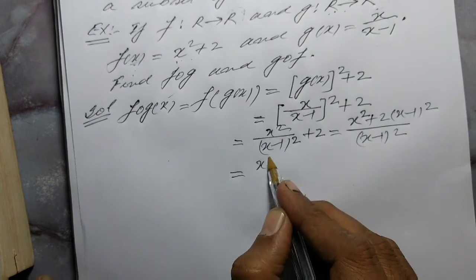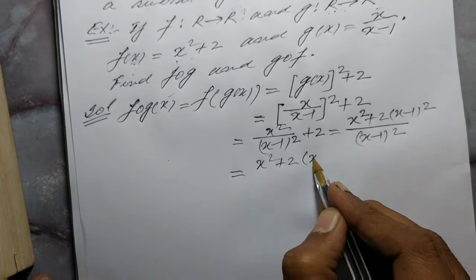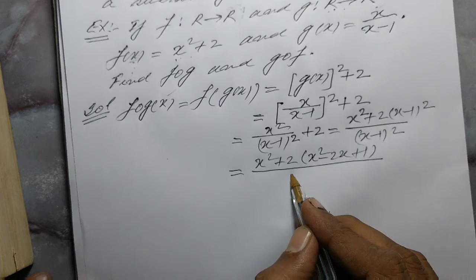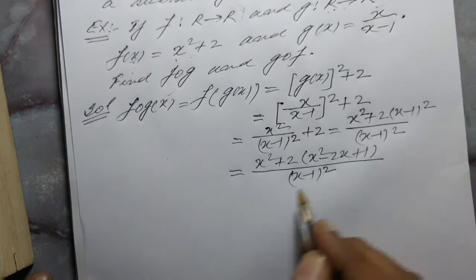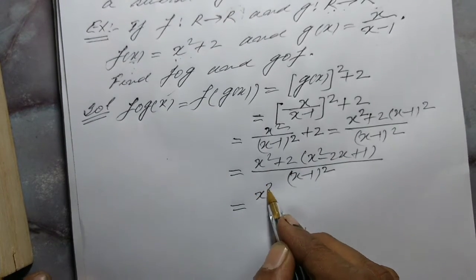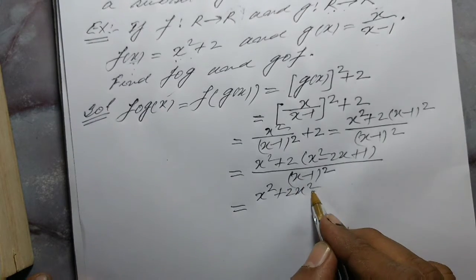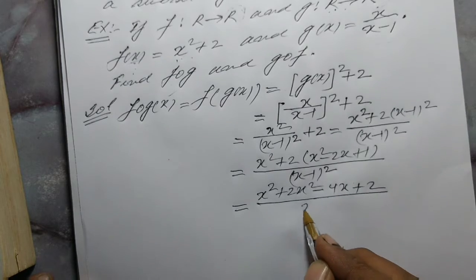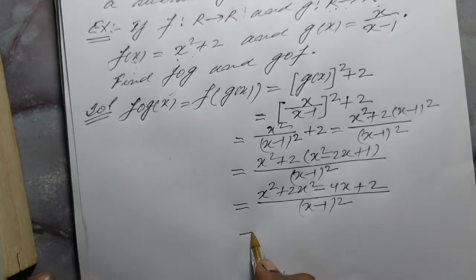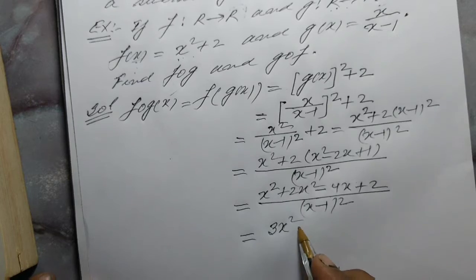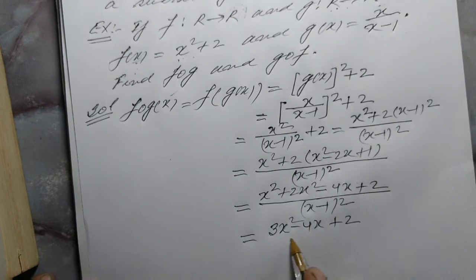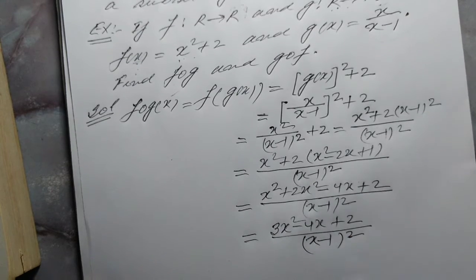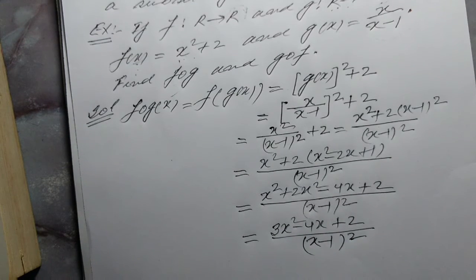So x square plus 2 x square minus 4x plus 2 upon x minus 1 whole square, and ultimately we have 3x square minus 4x plus 2 upon x minus 1 whole square. So this is fog(x).